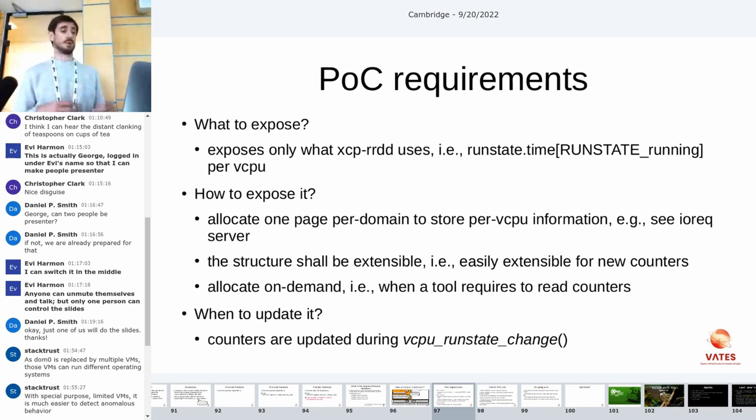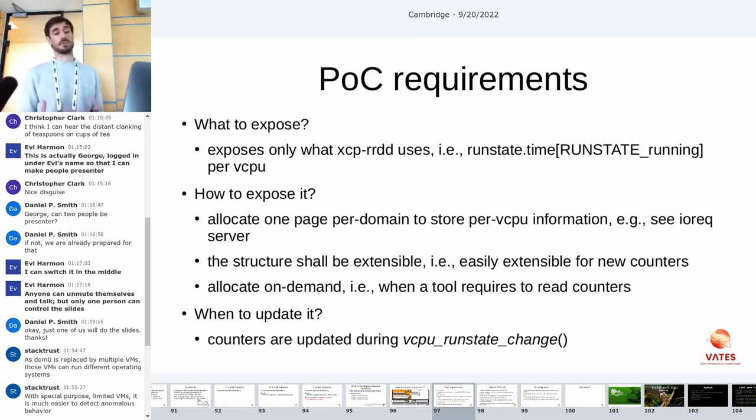So we said, well, we're going to allocate 1 page per domain, and keep per VCPU information there, doing it in a way that this structure is going to be extensible in the future. So we cannot limit that.